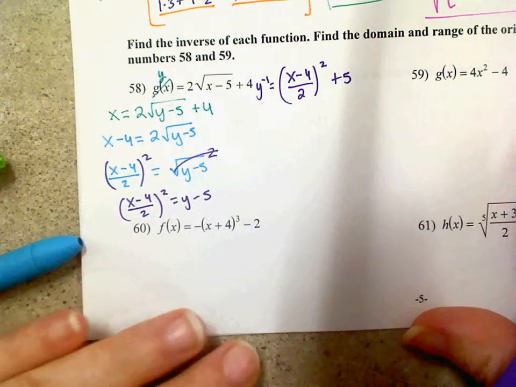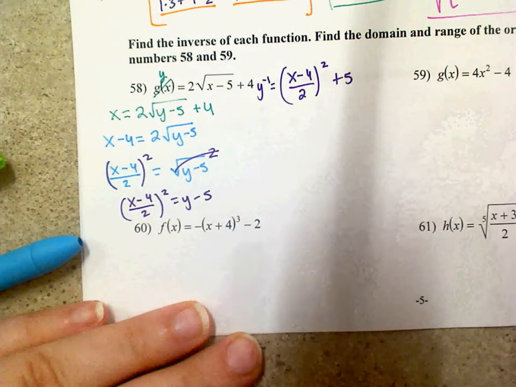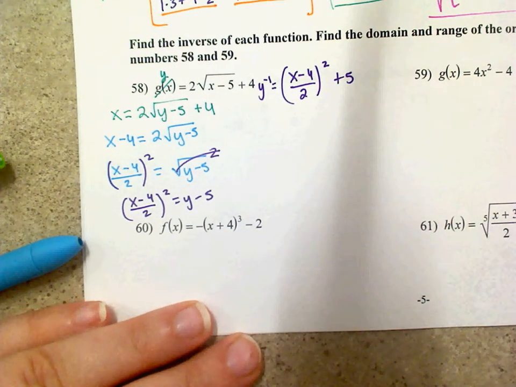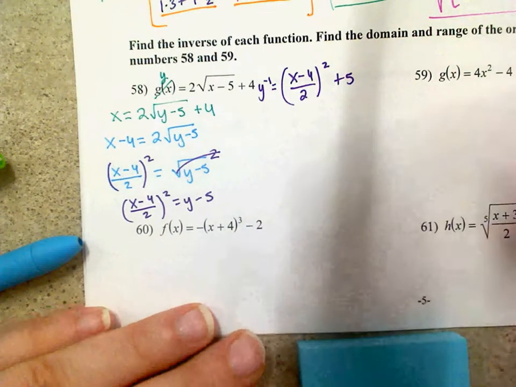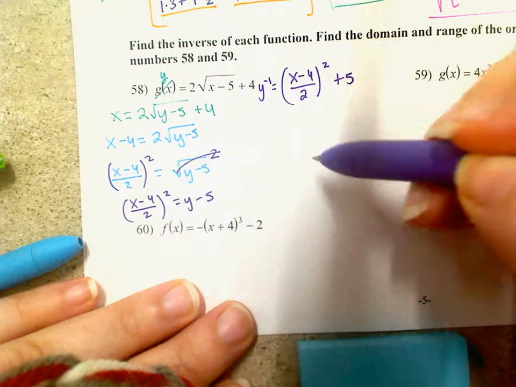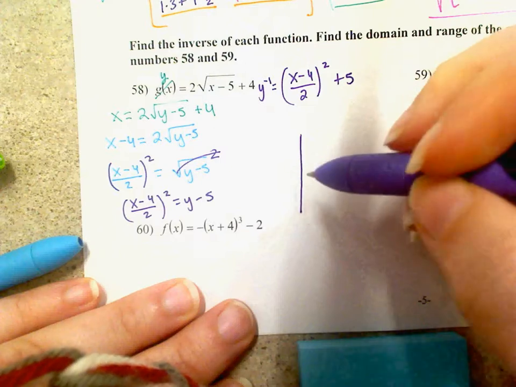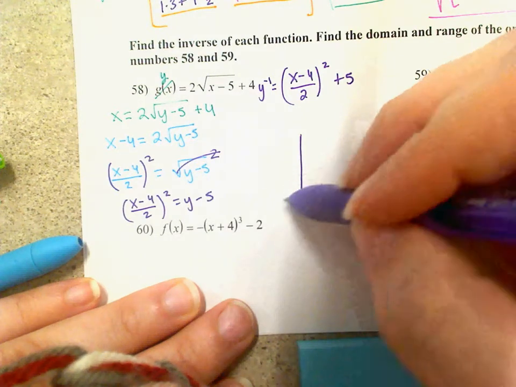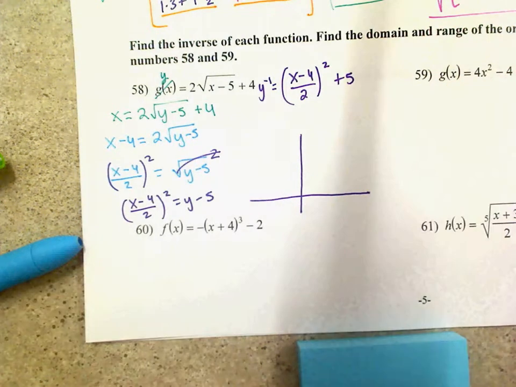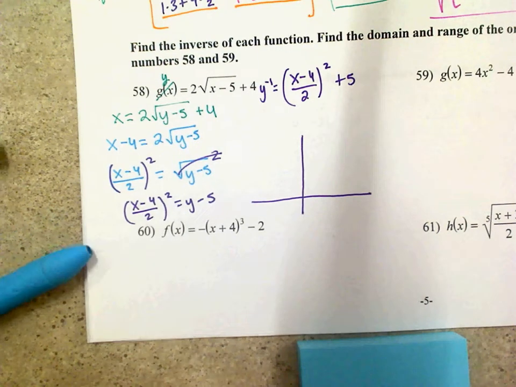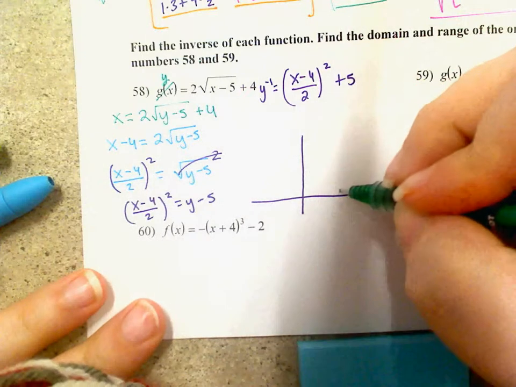So I'm going to sketch in general the original and its inverse. The original function is a single radical shifted to the right 5 and up 4. And it looks like this.